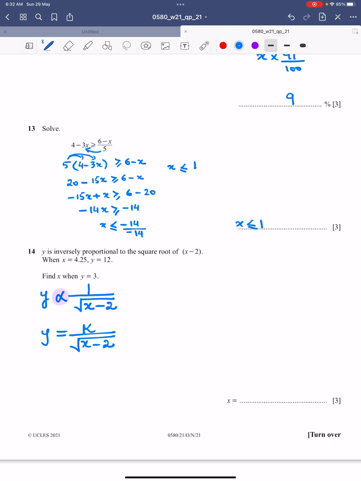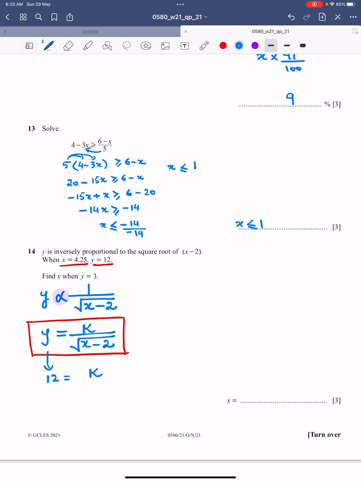Now we have the formula that is connecting x and y. So we will use this formula. We are given that x is 4.25 and y is 12. We will substitute these values into the equation. So we have x as 4.25, y is 12. So in place of y, I write 12.